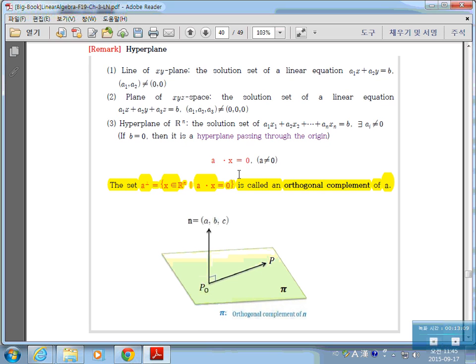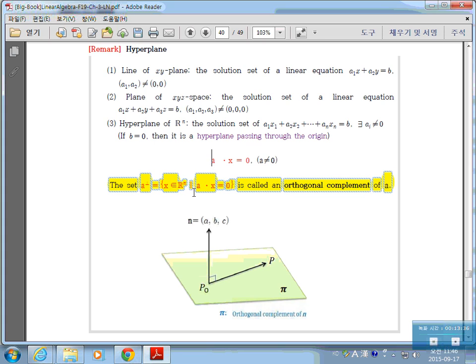So in that case, the hyperplane passes through the origin. Anyway, what this means is the inner product of the vector with entries ai and this vector X, which is formed by x1, x2, up to xn, is equal to 0. This is orthogonal. And a is not a 0 vector. And so the solution set that satisfies this is a hyperplane.